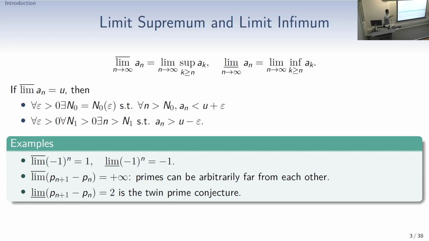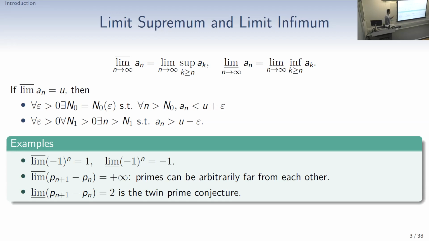We can also use this notation to express certain results concerning the gaps between primes. Because of examples 2 and 3, prime numbers are at least 2 units apart from each other. This indicates that p_{n+1} minus p_n, where p_n denotes the nth prime, will always be greater than or equal to 2.